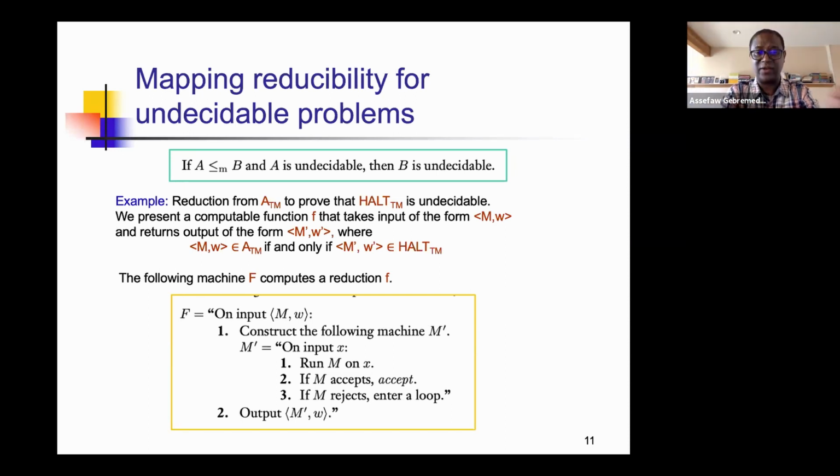So this argument and what we had before are exact parallels of one another. The only thing that we have done now is call the computation around M prime the function f, and then we will output the result of the new machine on this input, and that will be what our f would be.